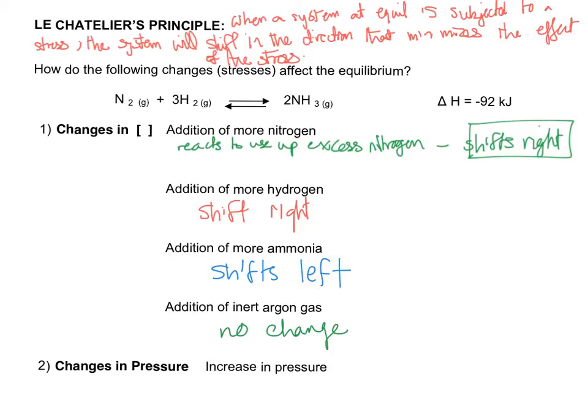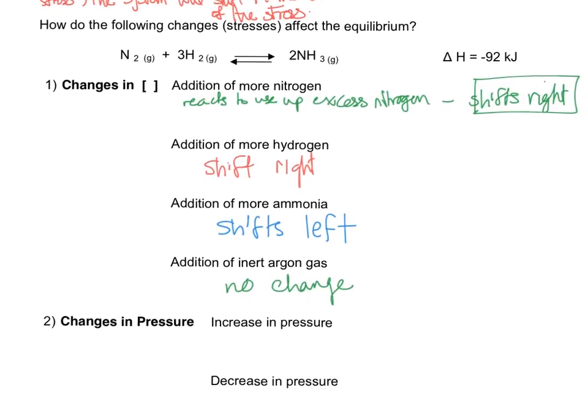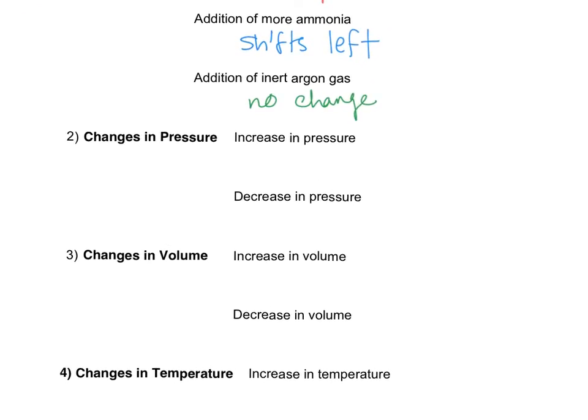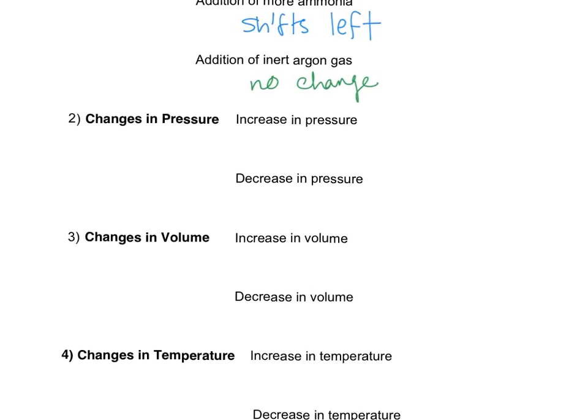All right, now let's look at changes in pressure. Changes in pressure will only affect the equilibrium position if it's due to a change in volume. So if your pressure changes because your volume changes, then it's going to affect the equilibrium position.